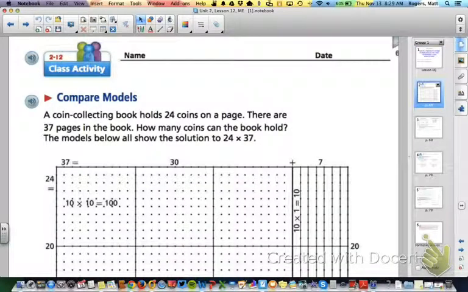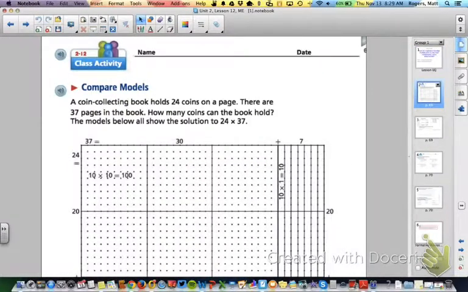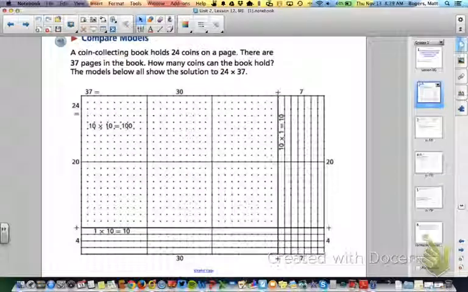In our first part of the activity, we have a problem up the top that more or less creates the equation 24 times 37. When we use the area model, we spent some time talking about hundred blocks, quick tens, and individual ones, and that relates to what we're working on now.